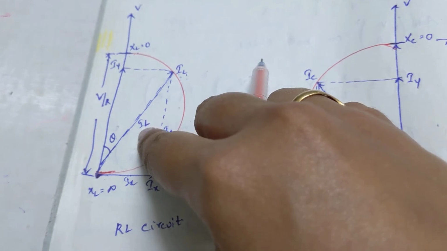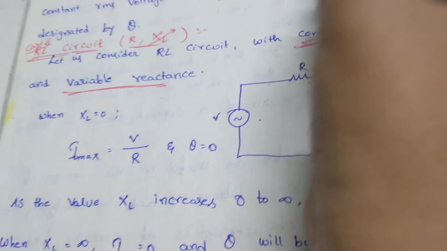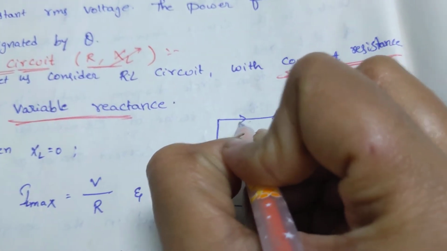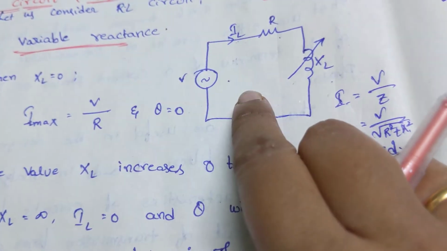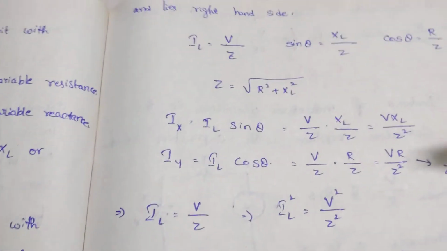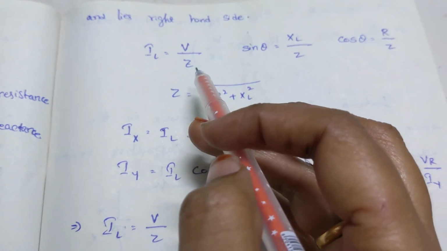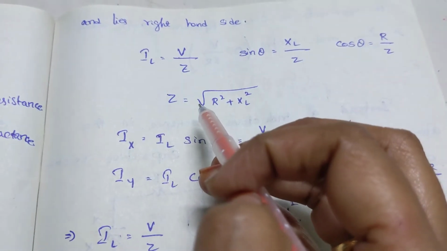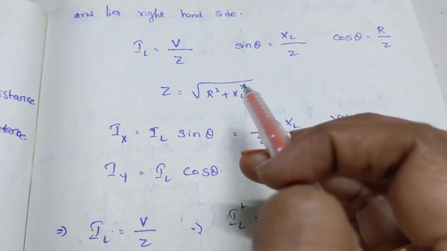What is meant by this IL? IL is nothing but the current flowing in your circuit. So IL is nothing but V divided by Z, where Z is the total impedance of the circuit, square root of R square plus X square.